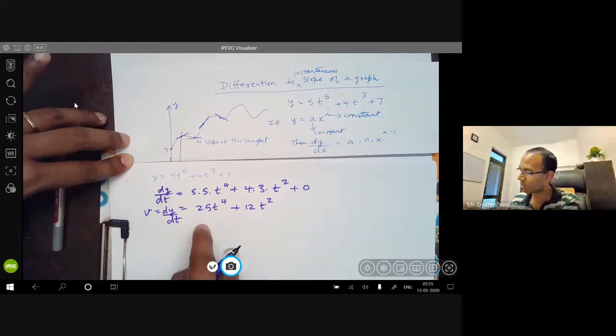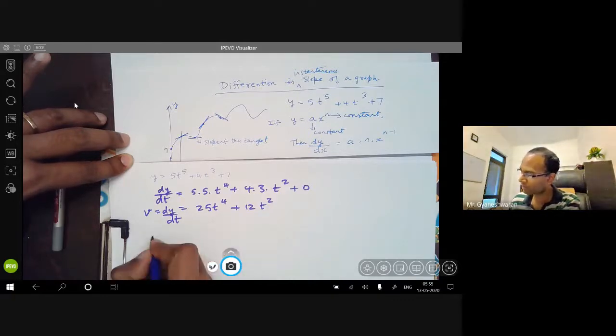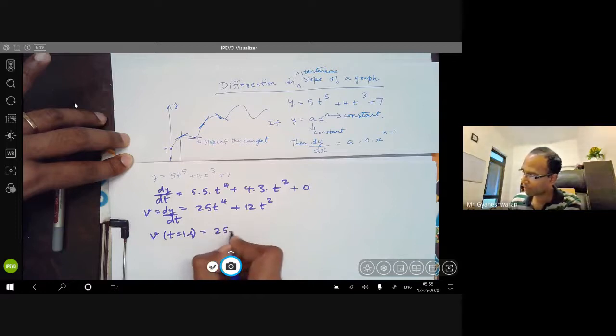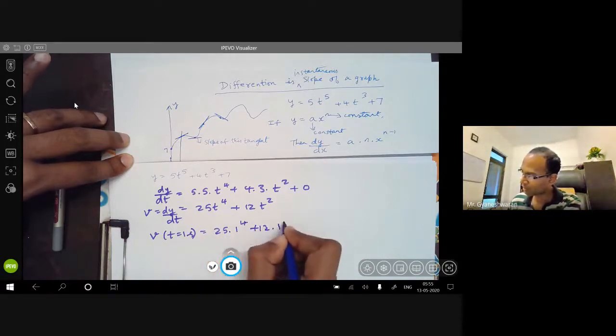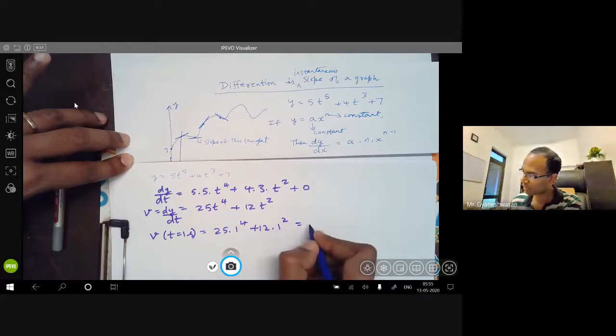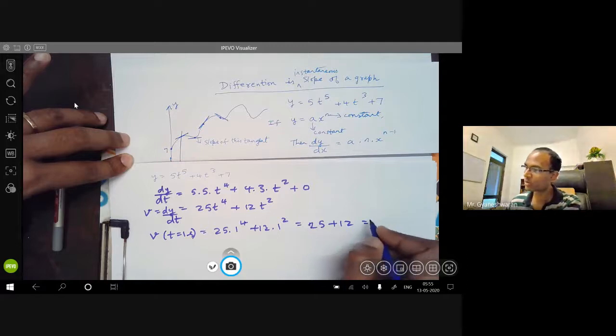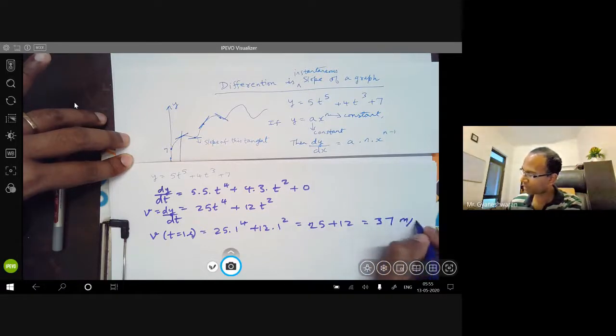Okay, so if you want to find the velocity at t equal to 1 second, it would be 25 into 1 power 4 plus 12 into 1 square, which is 25 plus 12, which is 37 meter per second.